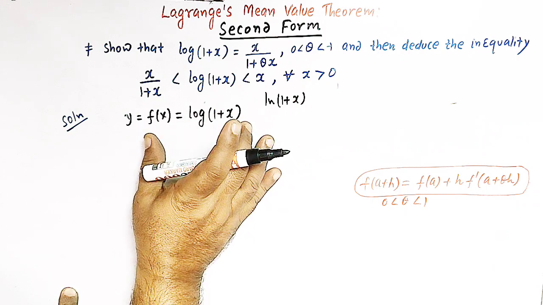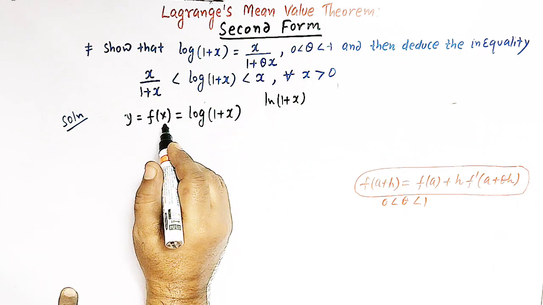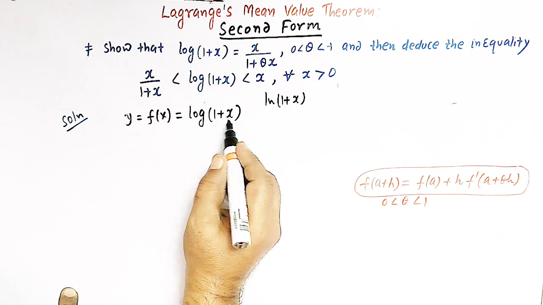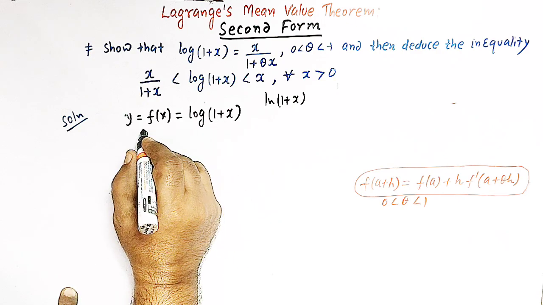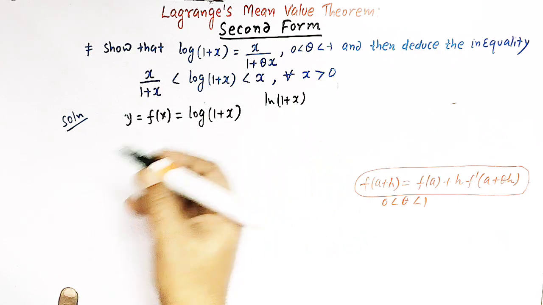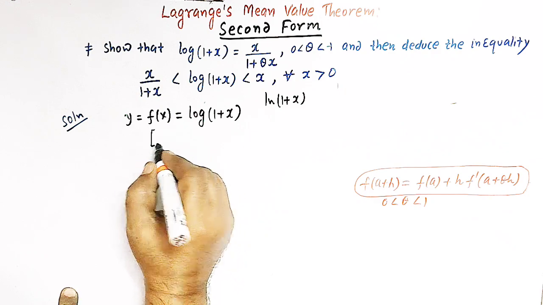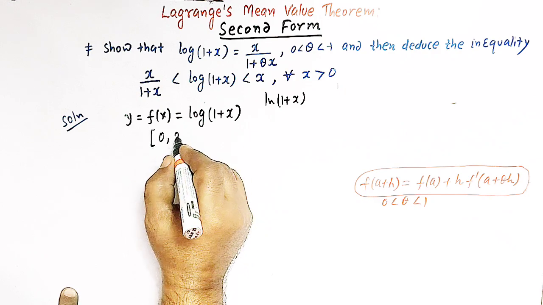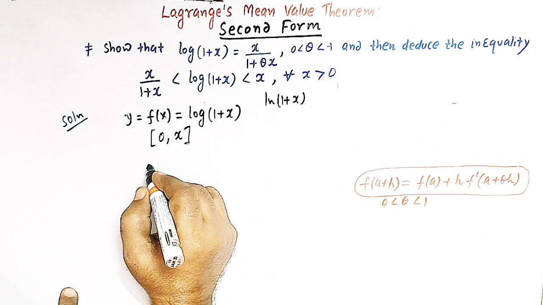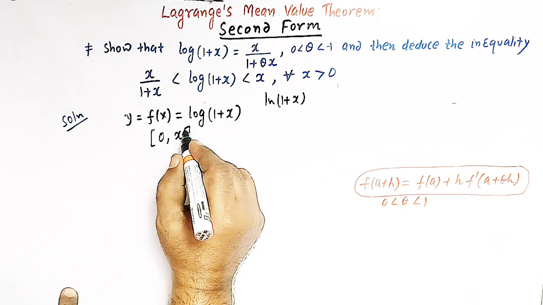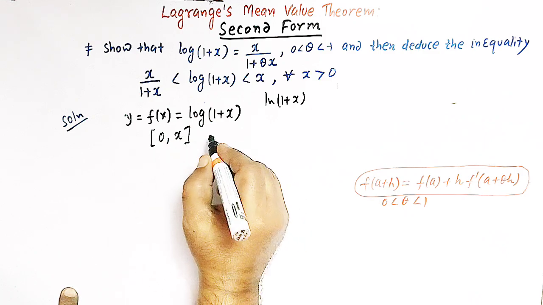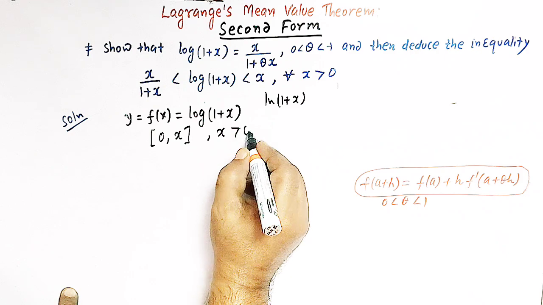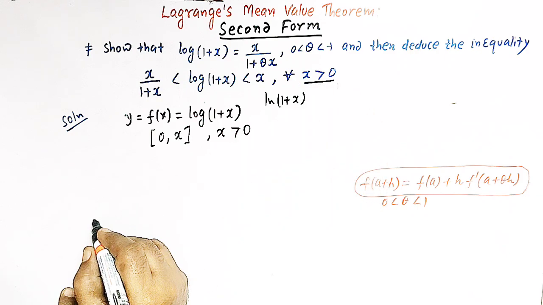So we are considering this function y is equal to f of x is equal to log of 1 plus x, which is defined in some domain, and let us take the interval as 0 comma x. So here this is a closed interval, and here x is greater than 0, right?